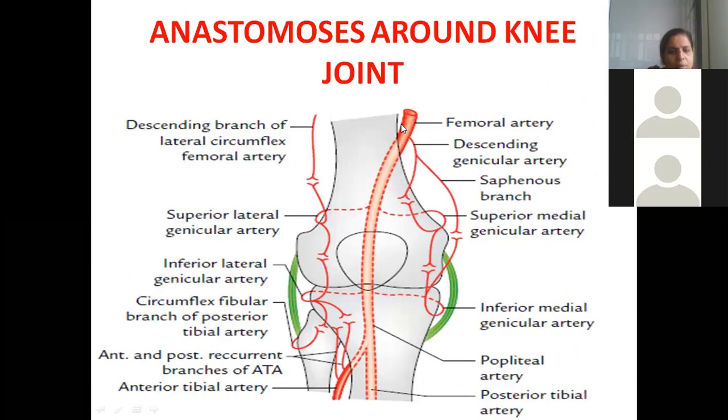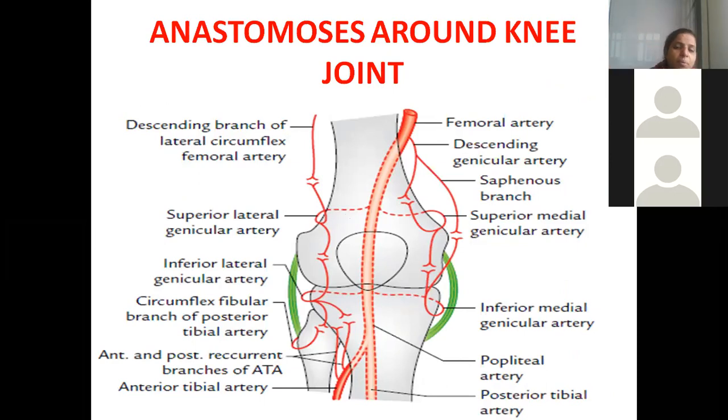Femoral artery branches will be involved, and popliteal artery branches will be involved. From the femoral artery you have names like descending genicular and saphenous. Then from the popliteal artery we have the inferior genicular branches. Just now you have seen the 5 names that were mentioned. All those 5 branches will be involved.